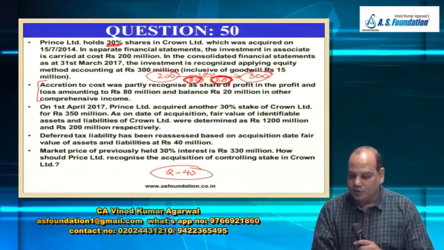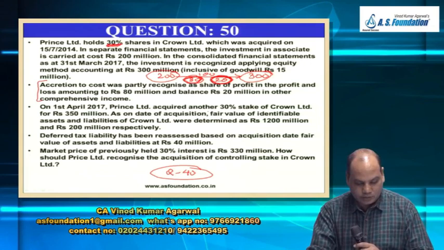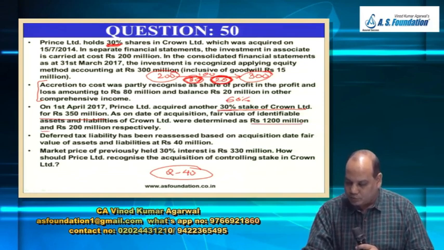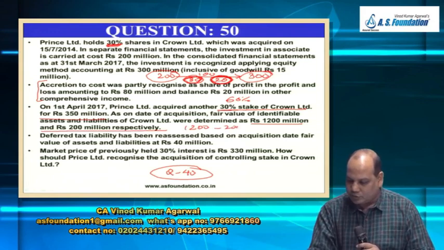30%. On 1st April 17, Prince Limited acquired another 30% stake of Crown Limited for rupees 350 million. So now we have 30 plus 30, 60%. As on the acquisition date, the fair value of the identifiable assets and liabilities of Crown Limited were determined as rupees 1200 million and 200 million respectively, which means the net asset is 1000 million.